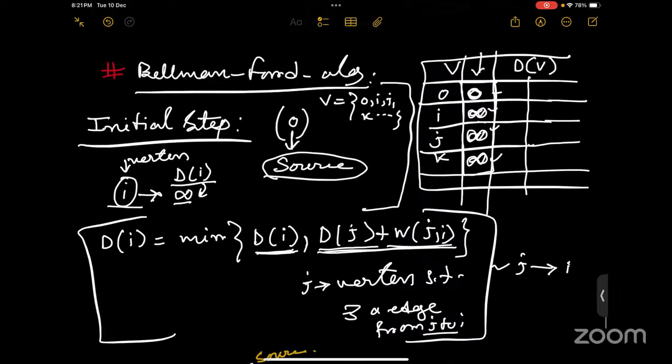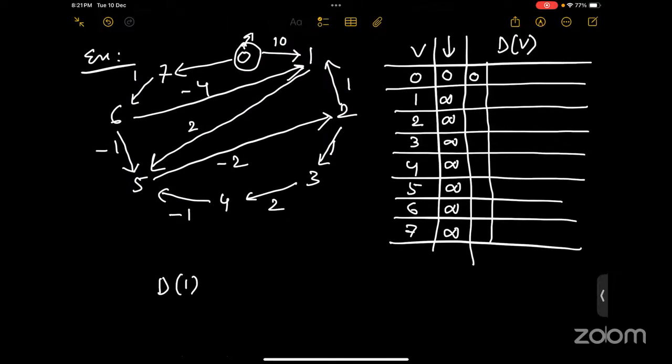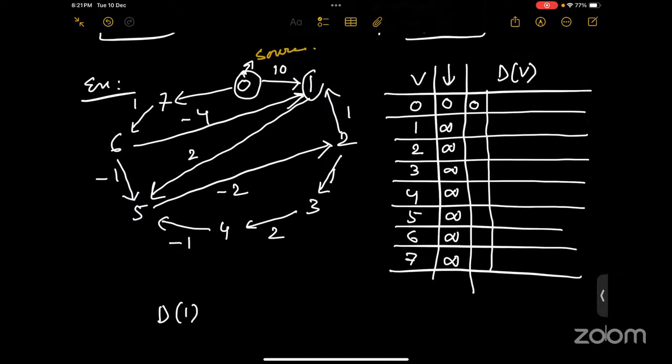Now we will use these definitions. First we will start with 1. The distance for 0 will be 0 always. So the distance of 1 will be, let us follow this definition. If I check vertex 1, we have incoming edges to 1 from 0, from 2, and from 6, right? These 3 edges.